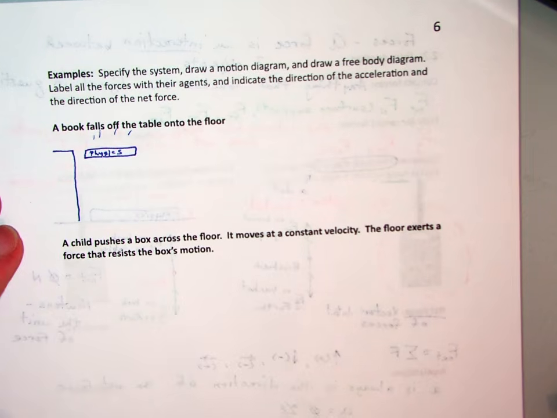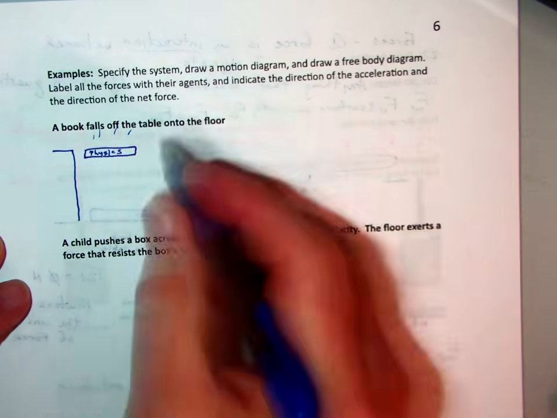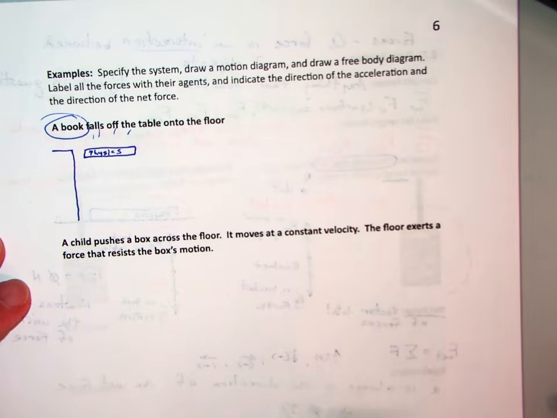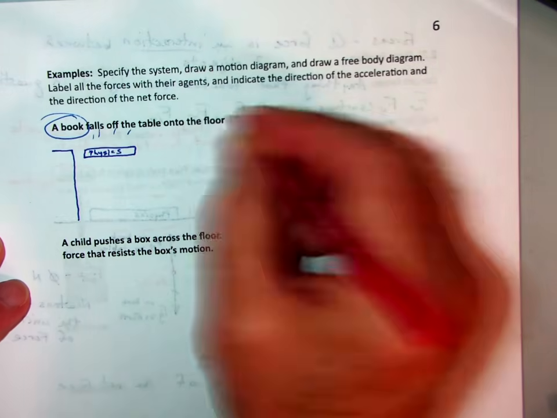This book is falling off the shelf. So specify the system. The system is the book.